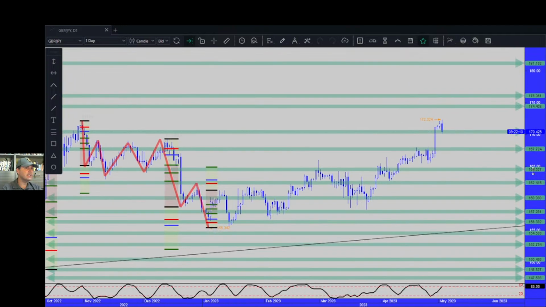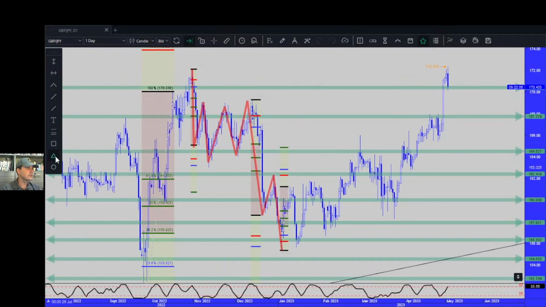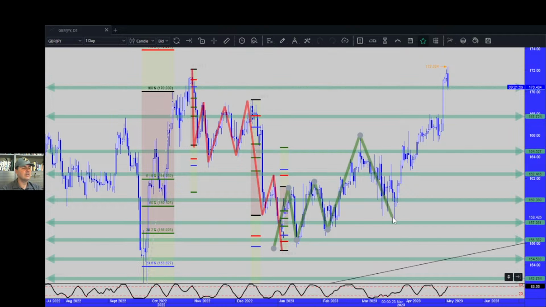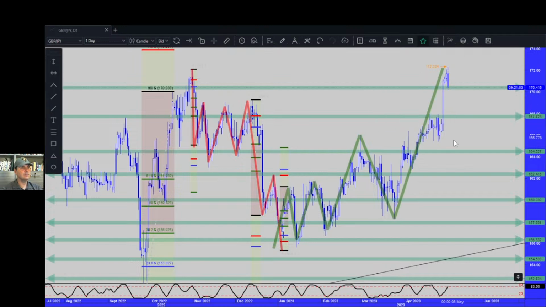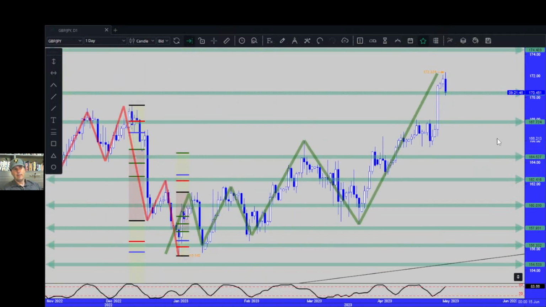GBP JPY daily chart, long or short? Higher high, higher low, higher high, higher low, higher high, higher low. Maybe not this one. You know, we are up in here, long or short? I have a great comment, listen to this.